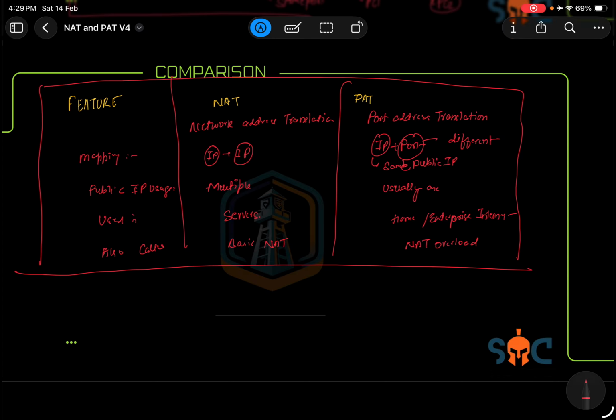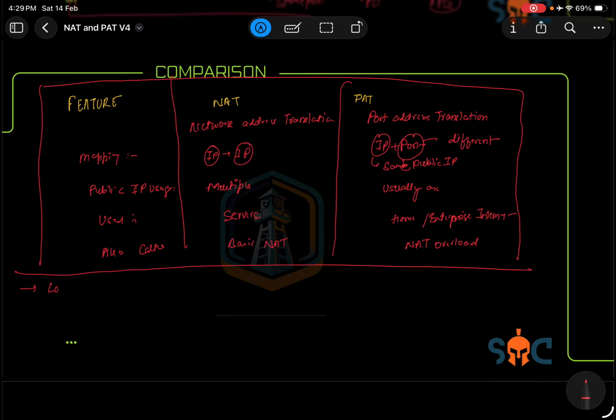Okay, so from the SOC analyst perspective, why do NAT and PAT actually matter to a SOC analyst? There are a few points we have to consider while dealing with NAT or PAT.